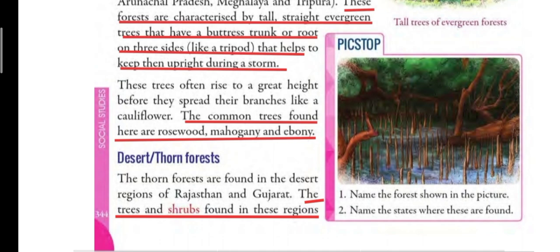Now, a special feature of the plants found in desert area is that all the plants, be it the trees or the shrubs, they have got very long roots. So desert plants have got very long roots so that they can absorb water from very deep in the soil.